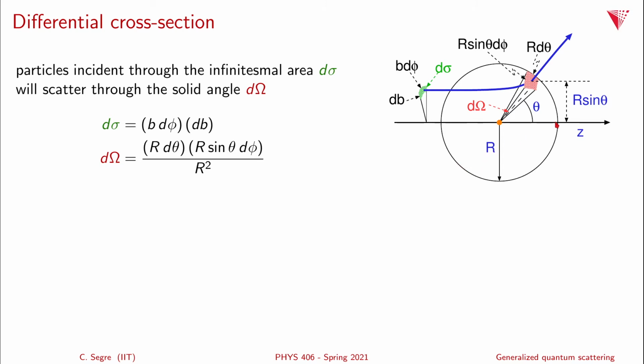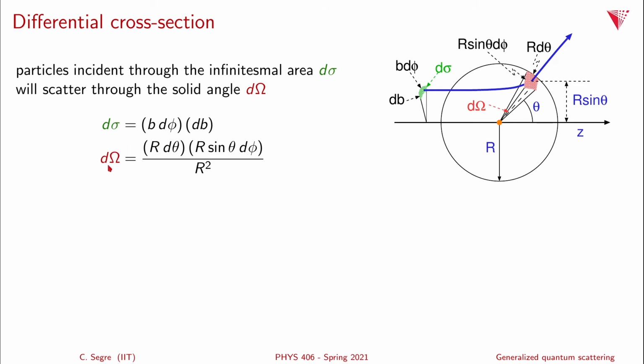In this case, this rectangle has one side which is r sin θ dφ, and the other side is r dθ. So r sin θ is the perpendicular distance from the z-axis to the center of this rectangle, and then dφ is the change in the azimuthal angle. The other side is just r, the radius of the sphere, times dθ, the change in the polar angle.